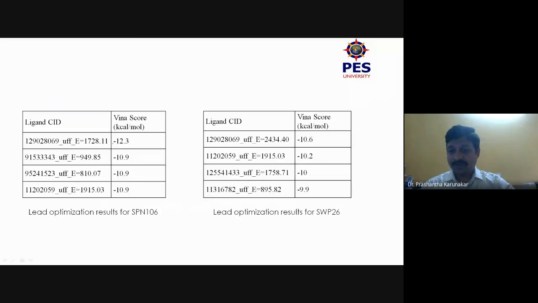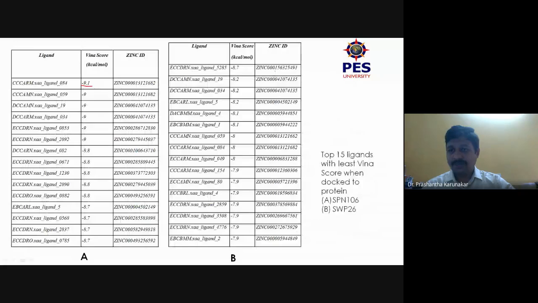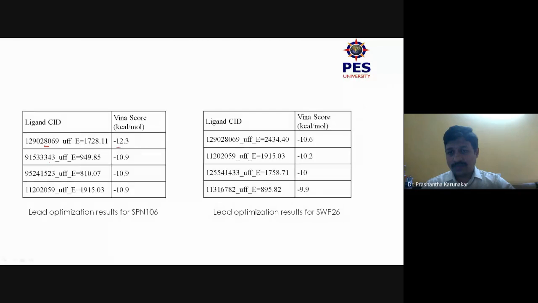Then we found that these are the ligands having the least score. If you observe now, it moved from minus 9.1 or minus 8.7 to minus 12 or minus 10. So there is a further improvement in the affinity between the protein and the ligand.